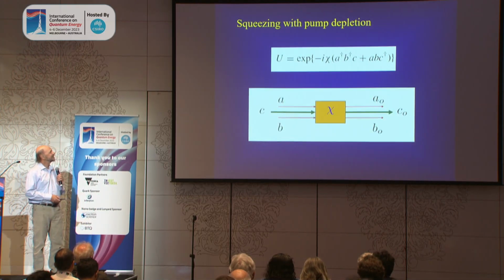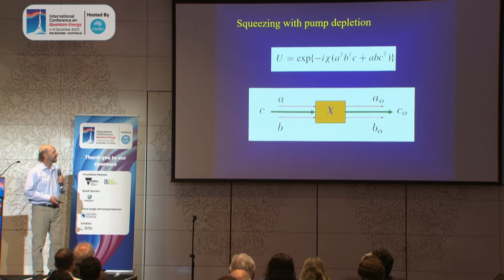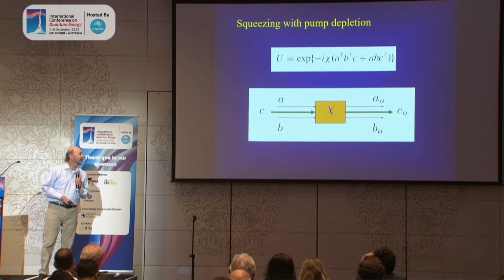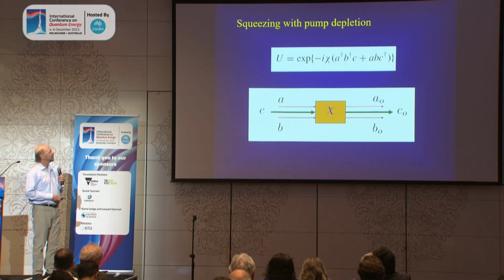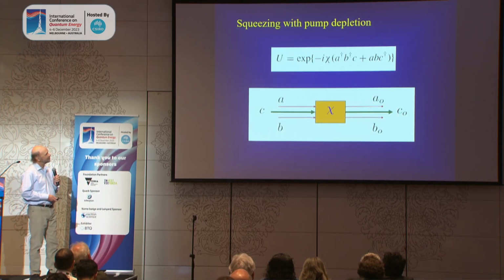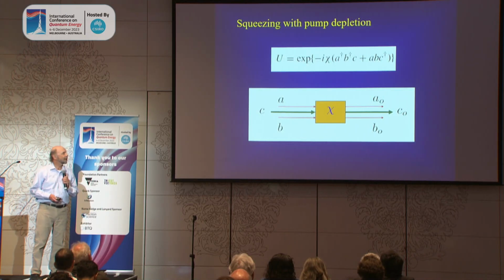So what we really need is a Hamiltonian like this, where the pump is treated quantum mechanically as well. And then the pump will evolve as it goes through the system as well. So this has been known for a long time, and generally has been solved in the past numerically or through a sort of brute force perturbation type approach.